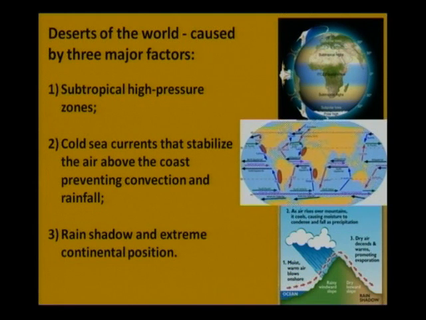In Israel, this is the Dead Sea Valley Desert, the Judean Desert, and for example, in many places like Kazakhstan or Turkmenistan, it's also some kind of rain shadow. When you have a very continental position, the westerlies cannot bring the humid air there.